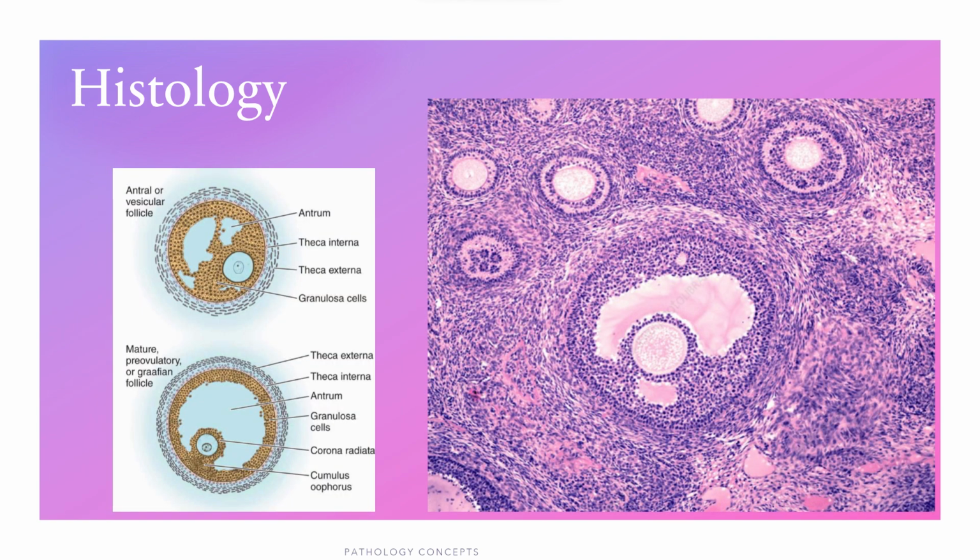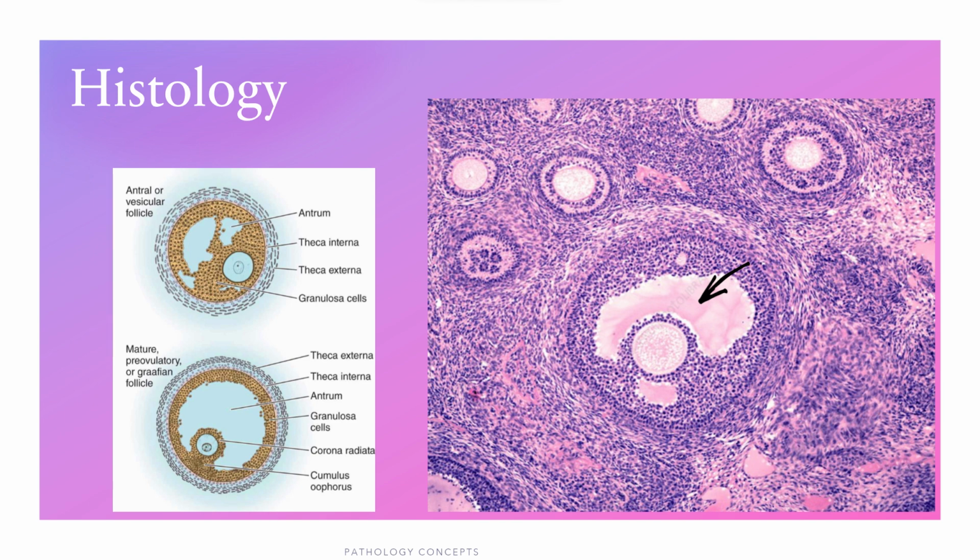Further maturation of secondary follicles and selection of the dominant follicle for ovulation is gonadotropin dependent. FSH binds to the FSH receptor in the granulosa cell layer of the secondary follicle. In response to FSH stimulation, the follicle continues to grow and develops a fluid filled space.